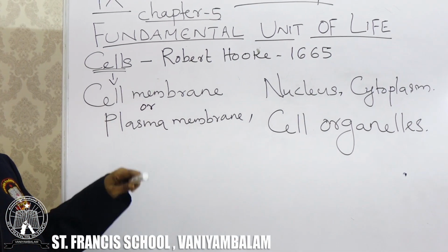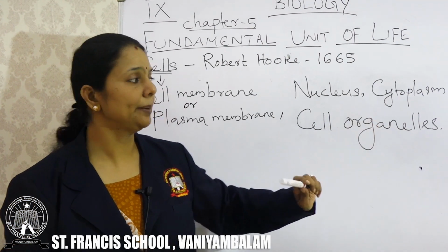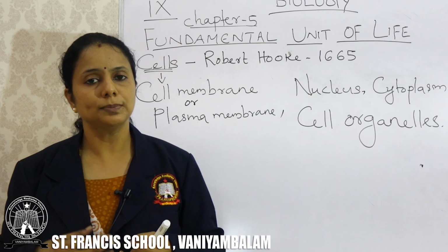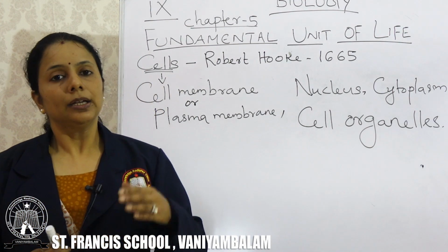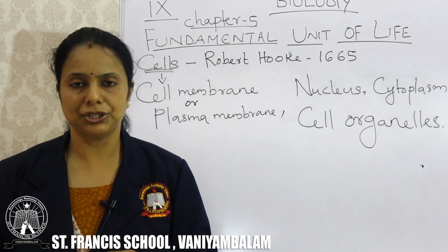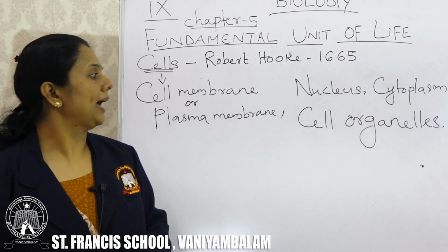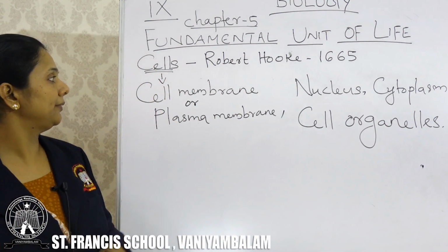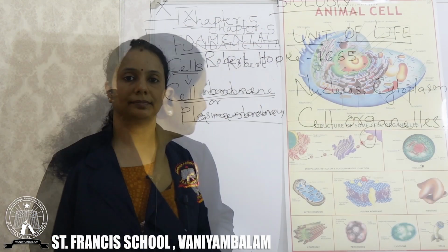So in this lesson, first we will be learning about cell membrane, nucleus and cytoplasm, along with some cell organelles such as lysosomes, ribosomes, mitochondria, endoplasmic reticulum, etc. Each we will discuss later, okay. So these are the main components of a cell along with cell organelles. Now first we will be discussing cell membrane in detail.